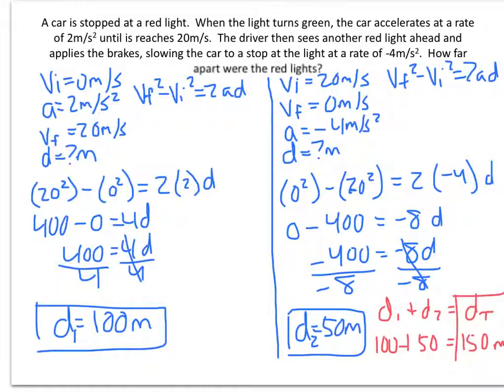If I wanted to do Vi1, Vf1, Vi2, Vf2, to establish the beginning and the second, and an A1 and an A2 and a D1 and a D2. But I like to set it up as multiple different problems, and you'll see during tests a lot of times I'll set it up as a part A, part B, part C, part D, in order to make it a little simpler and not as confusing.